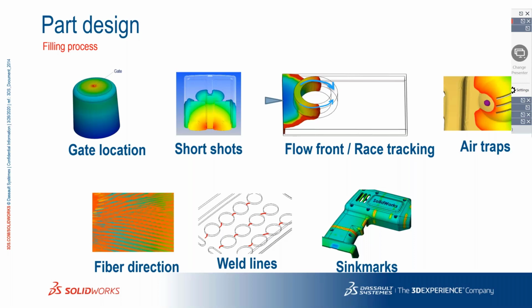Weld lines are very common if you have a lot of features in your part, and there is a chance of 2 flow fronts meeting; in the core and cavity you can see the weld lines, so that you can change your gates accordingly and avoid those weld lines. And the sink marks, where they would come and how to avoid them, can be easily done inside SolidWorks Plastics.